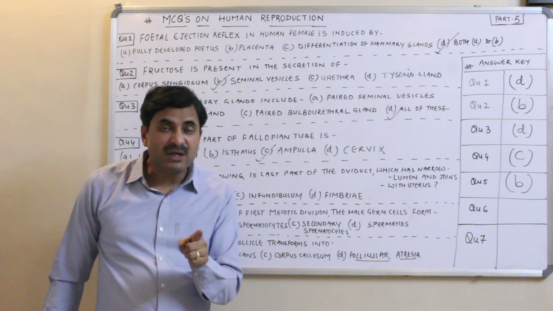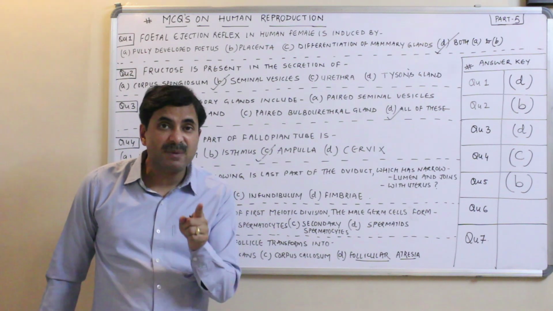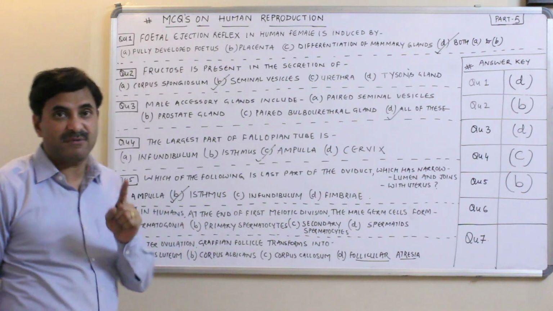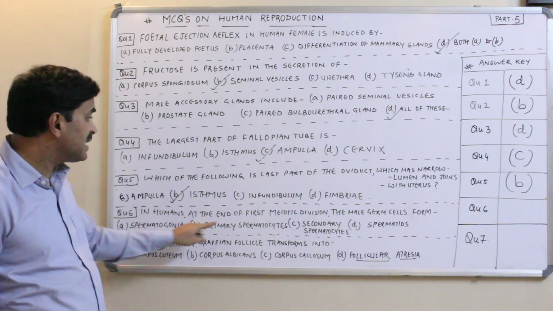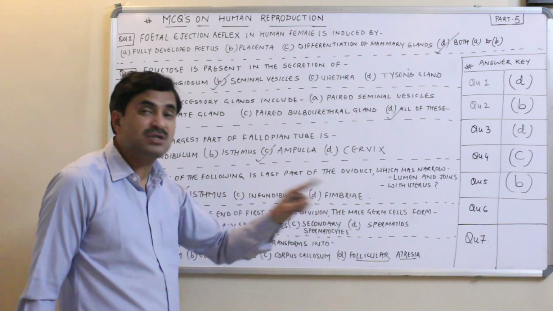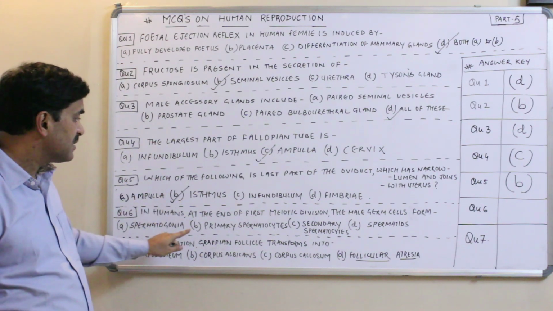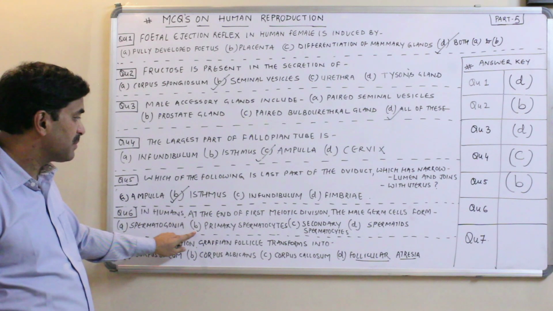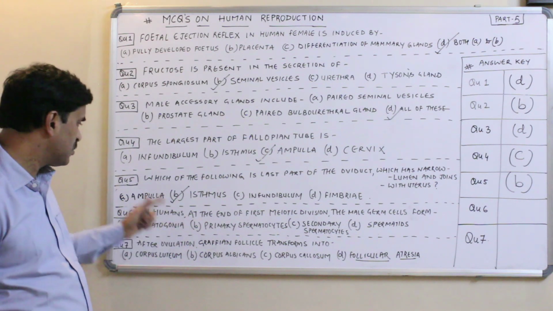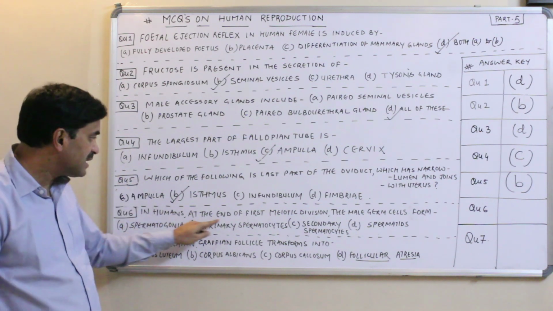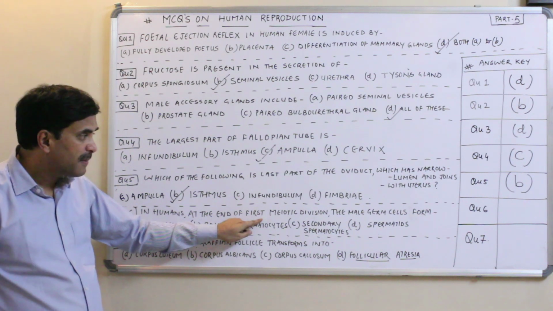And when the second meiotic division occurs, then from secondary spermatocytes, spermatids are formed. So in humans, at the end of first meiotic division, the male germ cells form, it must be the primary spermatocytes, or the question is, just a minute.